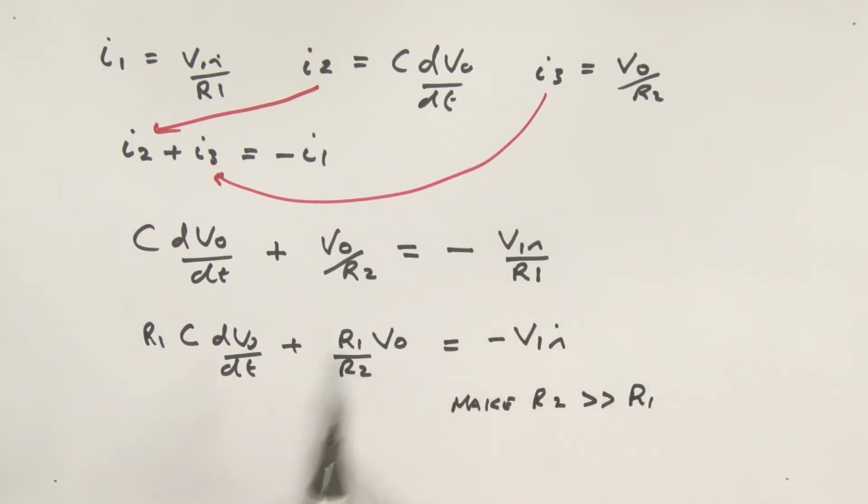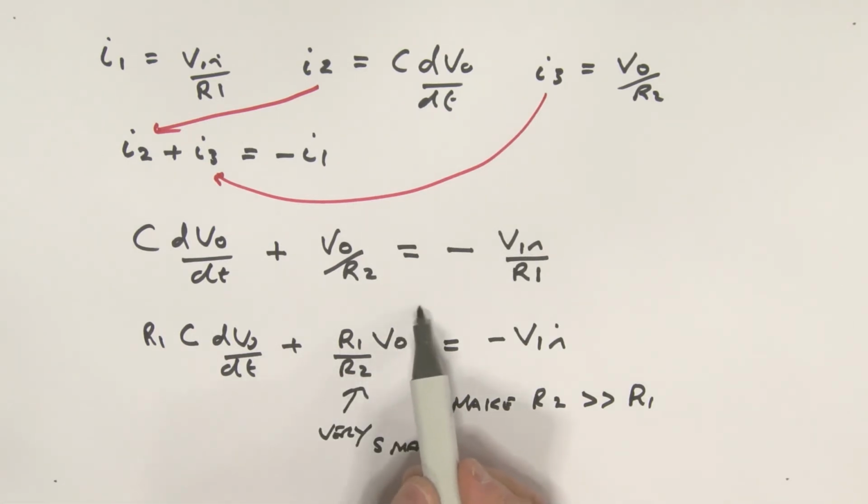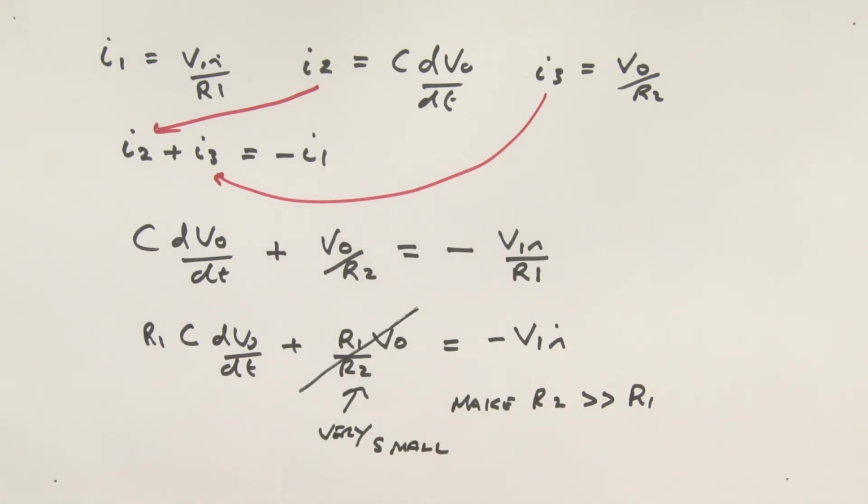So what does that do? If I'm making this big with respect to the R1, it's really making this term over here very small. So that term becomes very small in this equation, and we're effectively going to neglect it as it's a very small term.